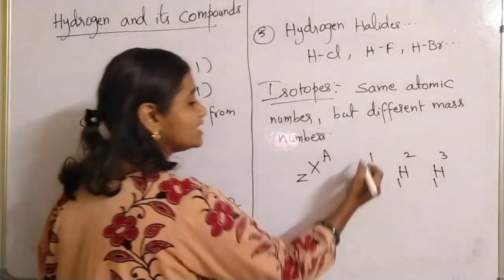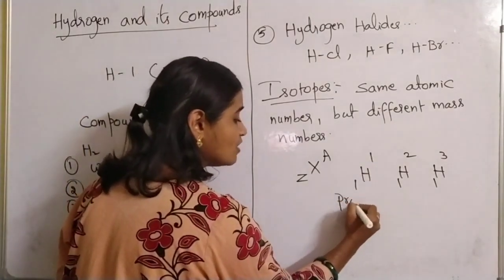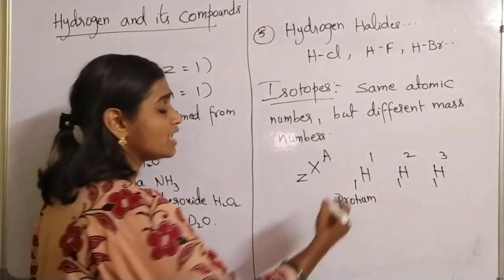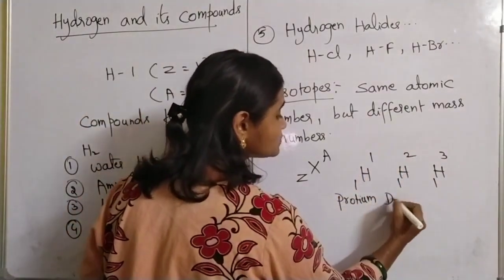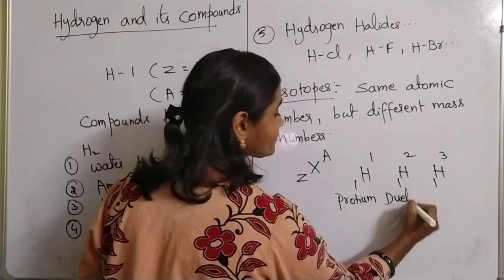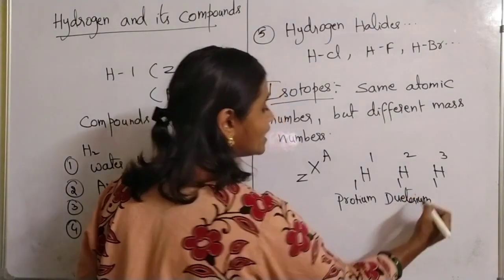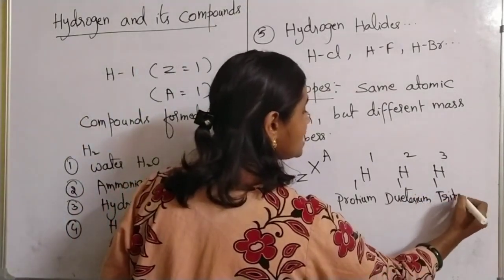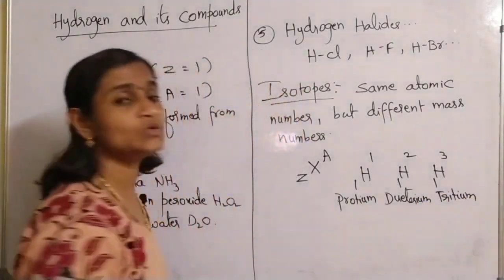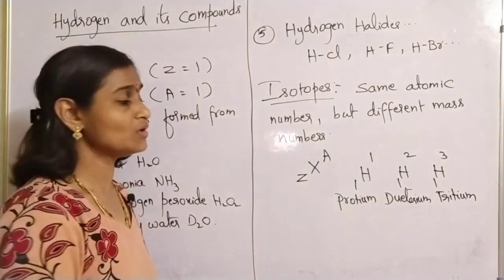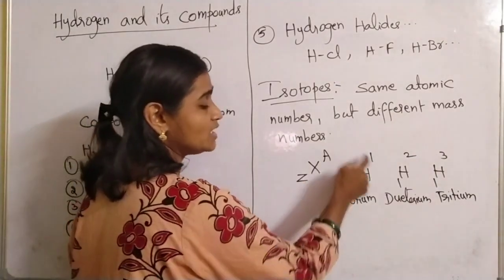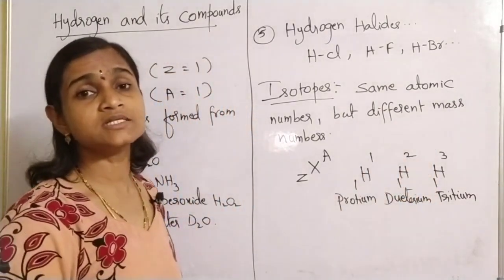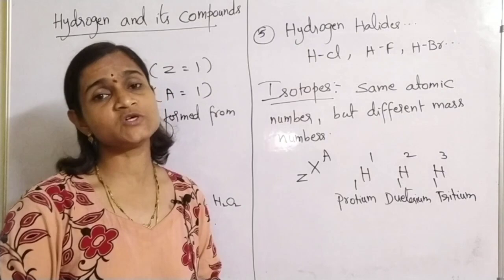Here 1H1 is considered to be hydrogen, or in other words protium. 1H2 is called deuterium, and 1H3 is called tritium. So protium 1H1, deuterium 1H2, tritium 1H3, these three are considered to be the isotopes of hydrogen.